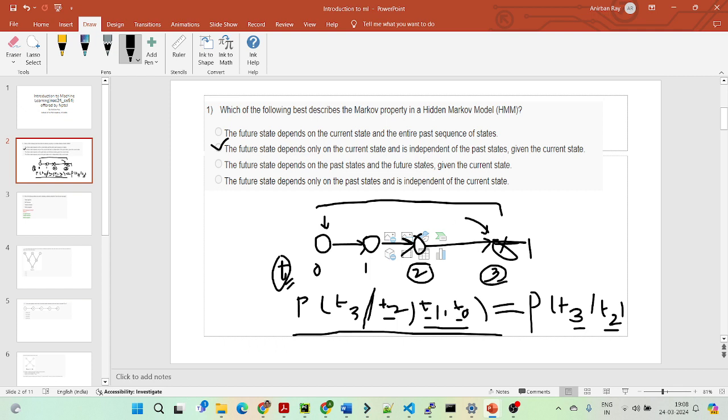But when I come to know that it follows the Markov property, it means the probability of t3 depends only on t2, and it is independent of the rest of the terms. So t3 is explained as the future in the question. It is only dependent on the present, that is t2; t1 and t0 are the past. That is why it is dependent only on the current state, that is the present, and is independent of the past states given the current state.